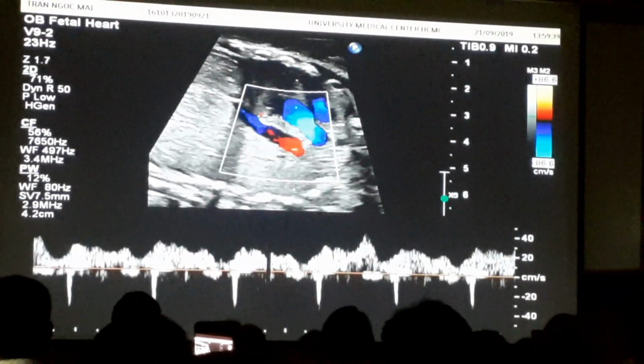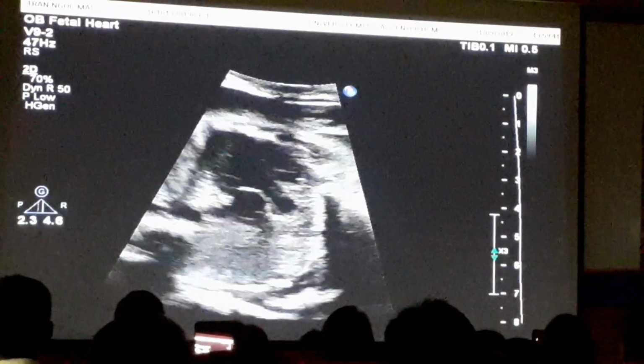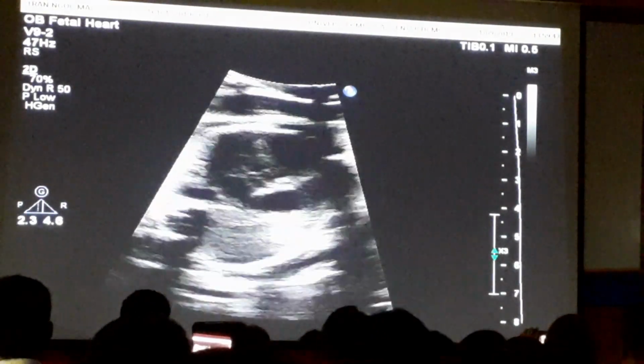Sort of intermittently losing that A-wave reversal, so I'm not going to spend any more time. I'll show that maybe on another fetus.